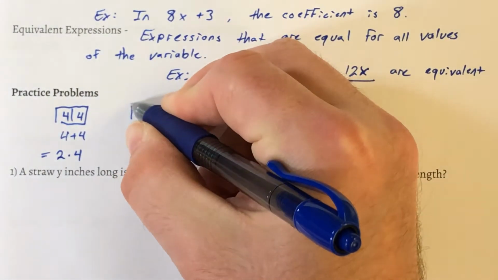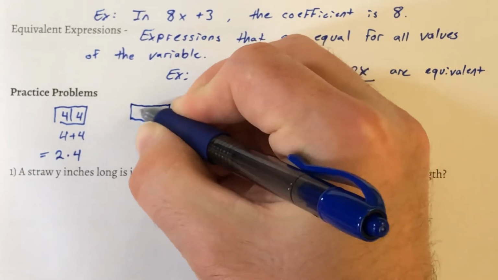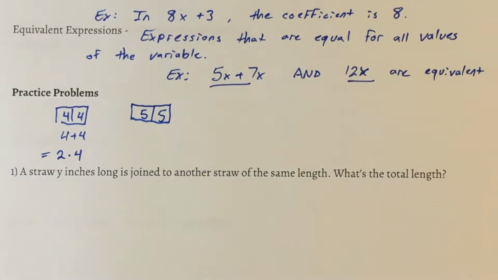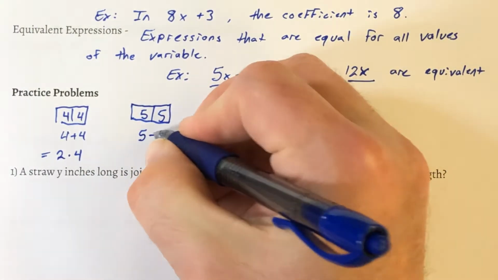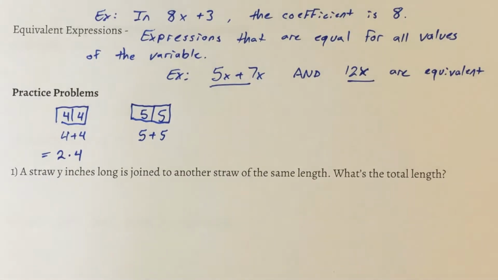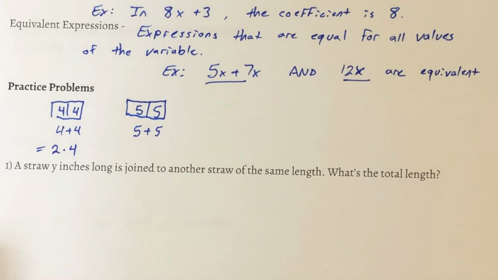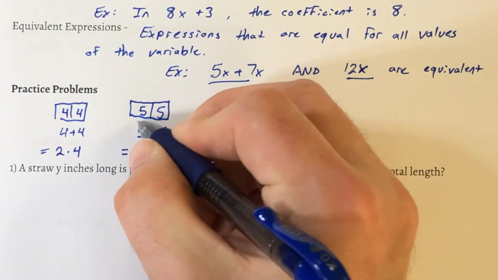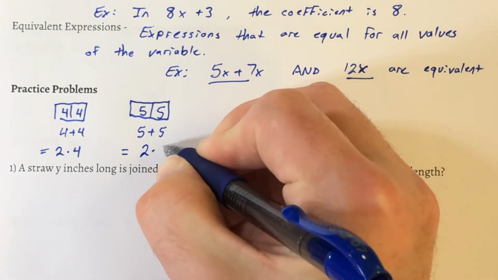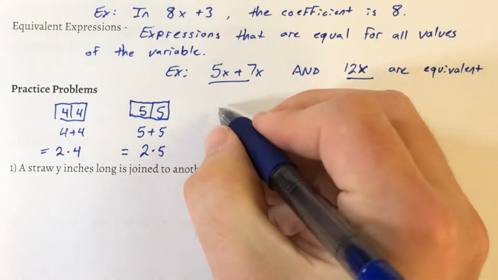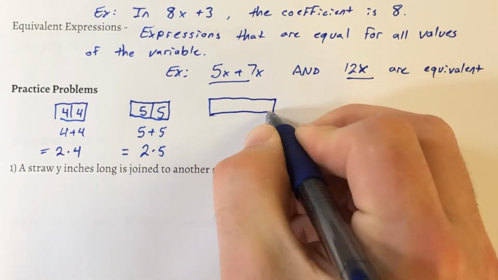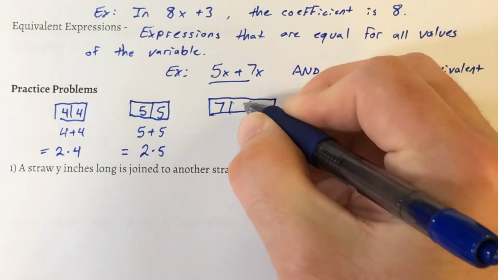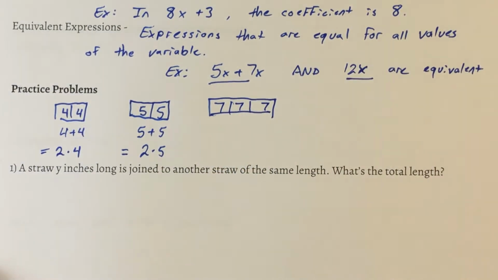Another quick example or demonstration of this. Let's say I have 2 5s and I wanted the total. Well, I could do 5 plus 5. Or, since it's repeated addition, I could multiply. So since I have 2 5s, I would do 2 times 5. One more. Let's say I have 3 7s and I wanted the total.